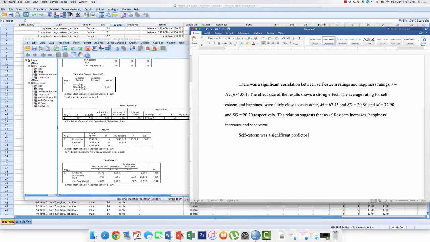And be aware that when you see or hear or think of the word predictor, think of multiple regression. Okay, self-esteem was a significant predictor of happiness. Self-esteem ratings were a significant predictor of happiness ratings. And then you'd report it, B equals 0.93, and then p is less than 0.001.